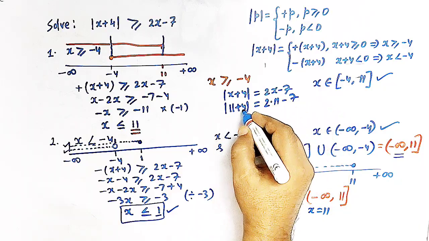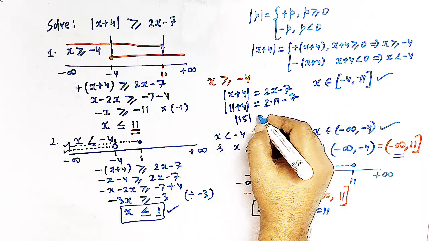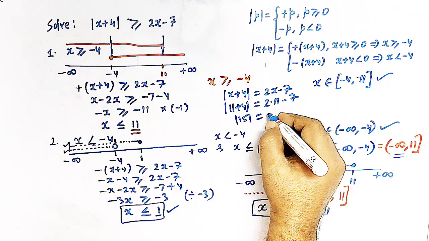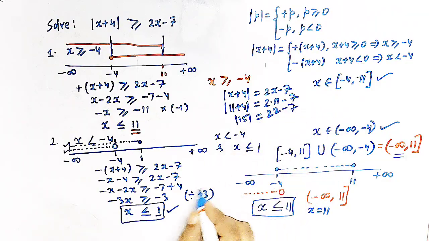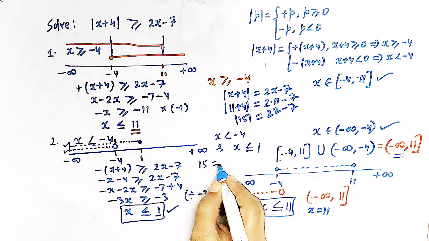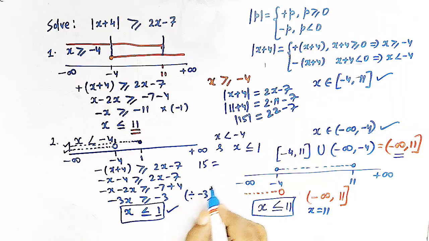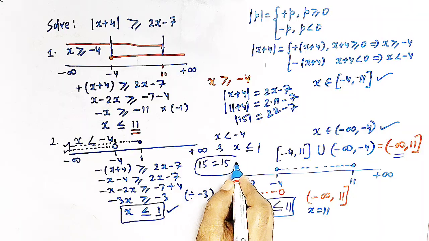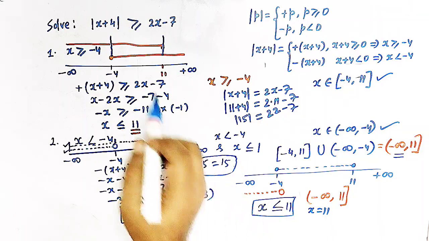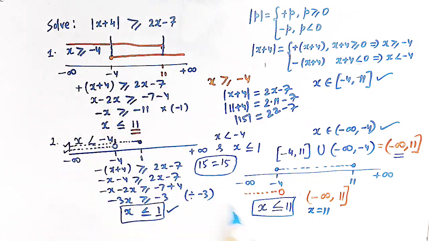So this is mod of 15, and here we have 11 times 2 is 22 minus 7. So mod 15 is simply 15, and 22 minus 7 is equal to 15. So this is a true statement, right? So the equality holds when x is equal to 11.